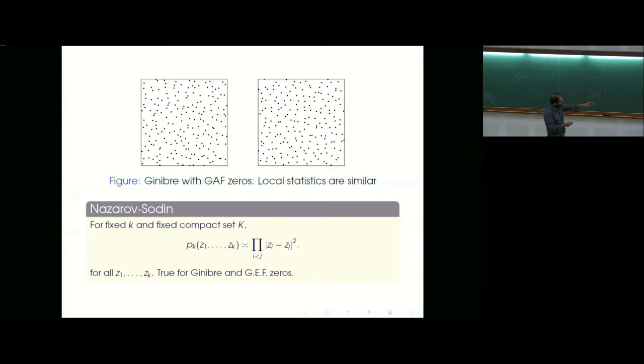That is true, but this is when you fix a compact set and you fix the number of points, the k-point correlation is, up to a constant, the same as this product squared, for both point processes. But this kind of thing is not uniform over the compact set or over k. If you take higher correlations, this comparison breaks down. So locally they are similar, but globally they are quite different.